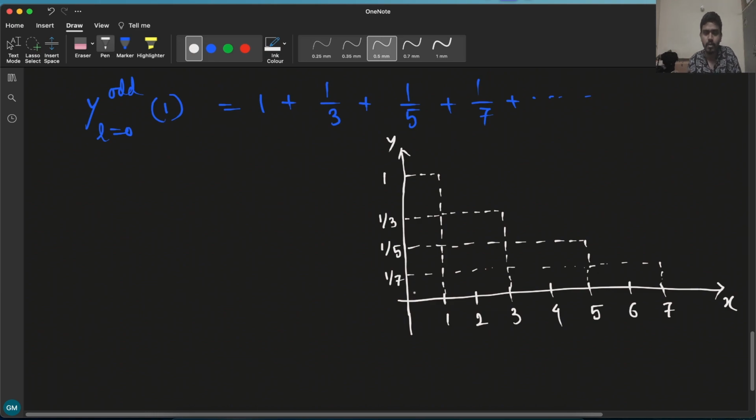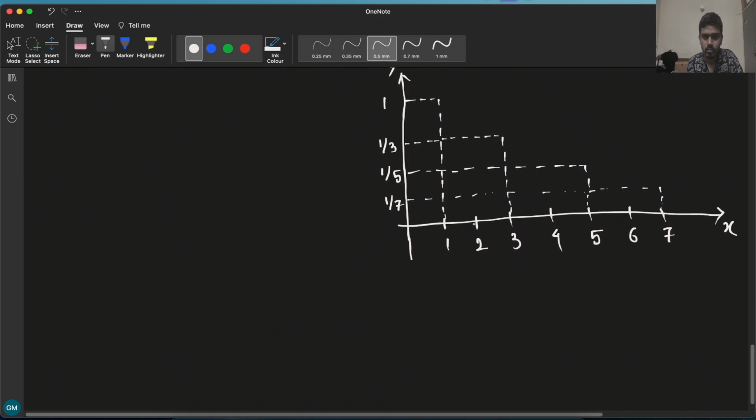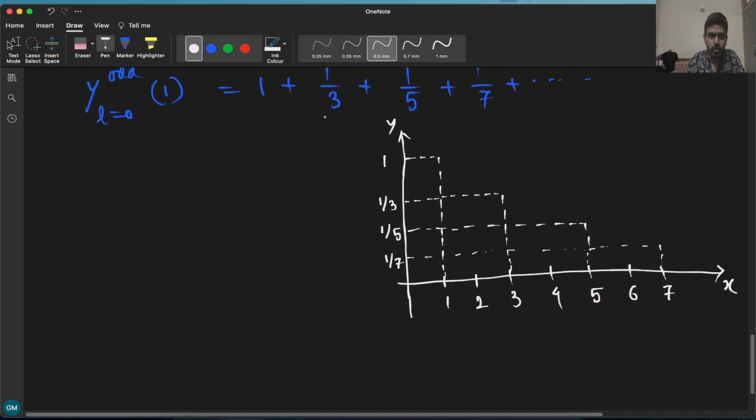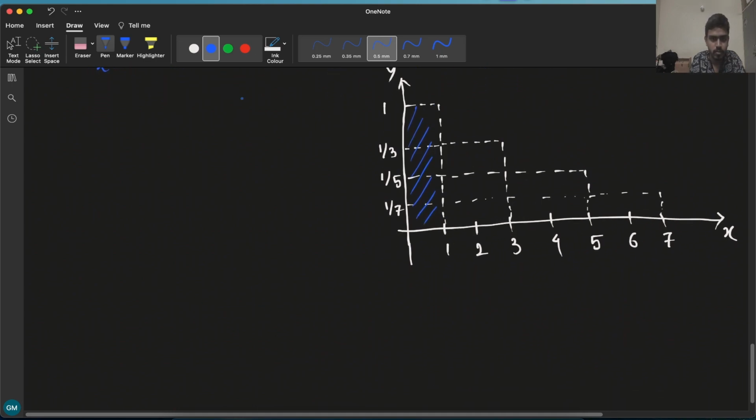So what about this area? This area is 1, right? Here this length is 1 and this length is also 1.